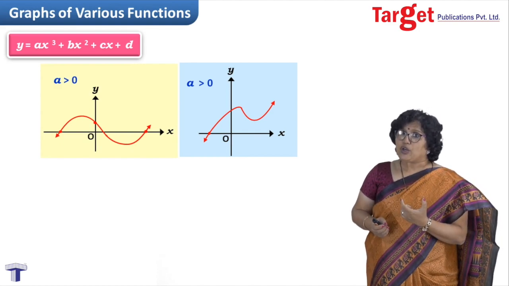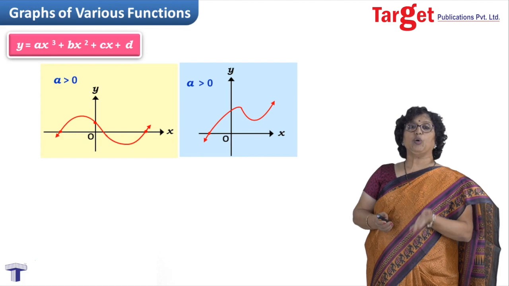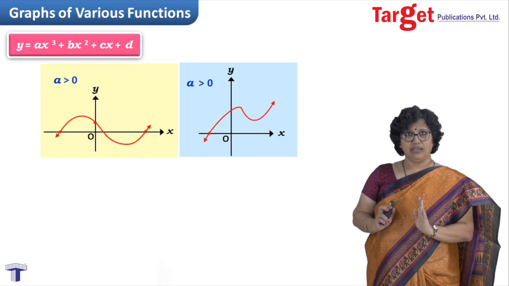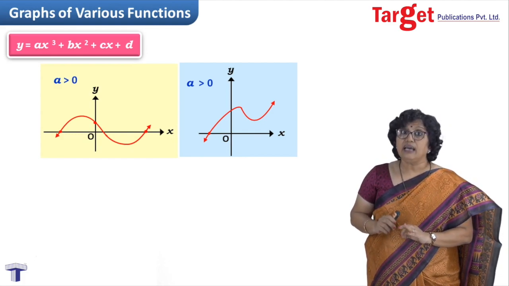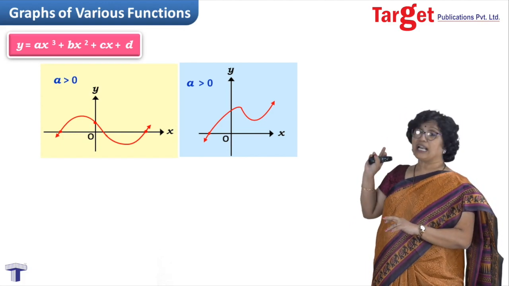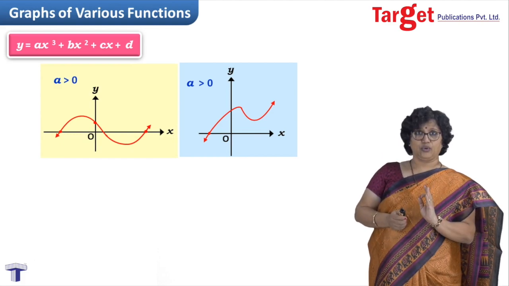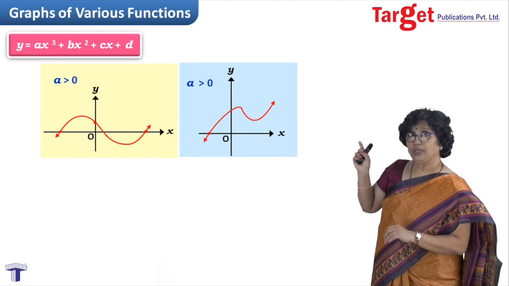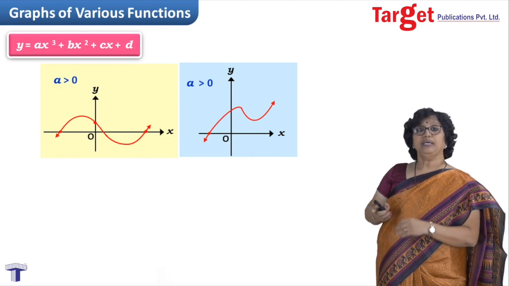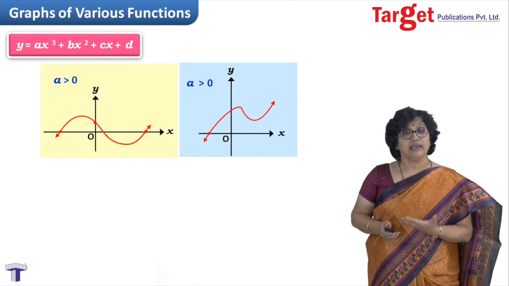A cubic polynomial has an odd number of real zeros. So, minimum one real zero it will have. The value of y at that zero of the polynomial will become 0. In the second graph, this corresponds to only one real zero. And the first graph, the left one, shows that the curve meets the x-axis at three distinct points, meaning three real zeros.